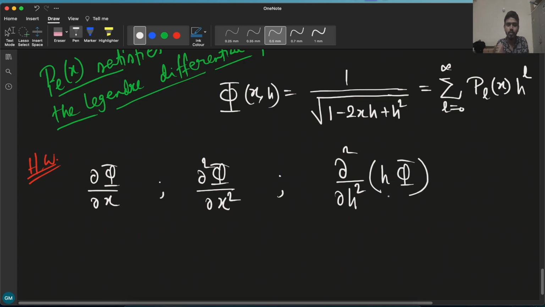Okay, so if you calculate those, these are basically 10 plus 2 level partial differentiation.